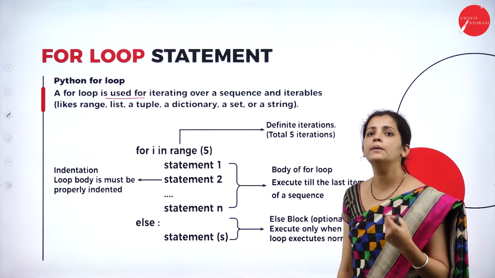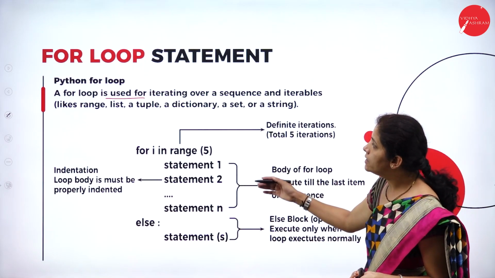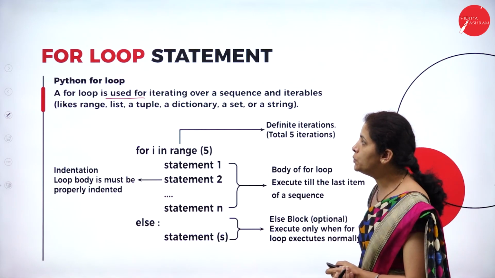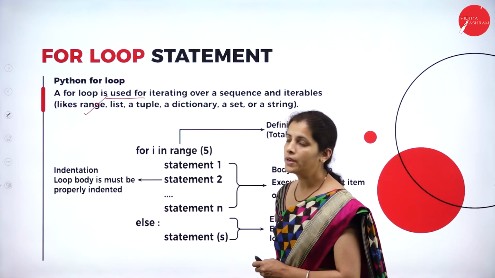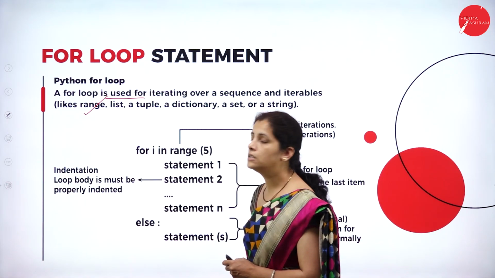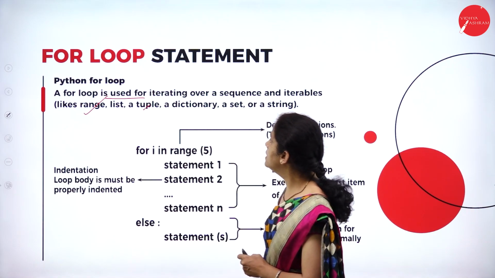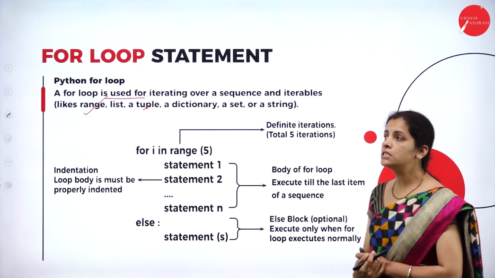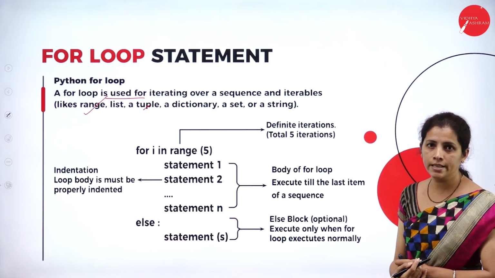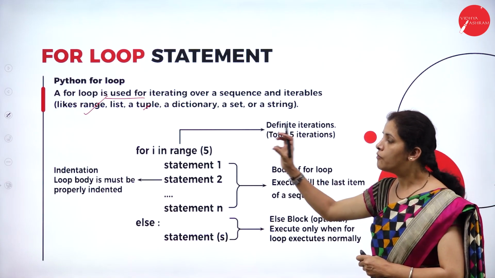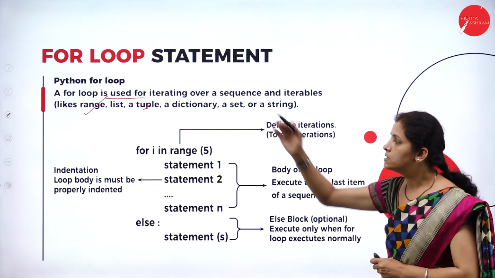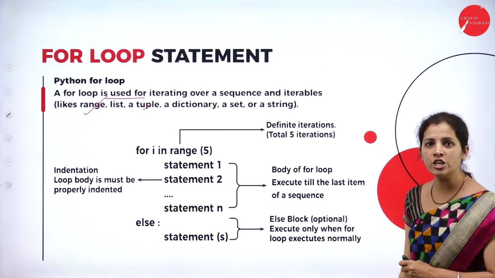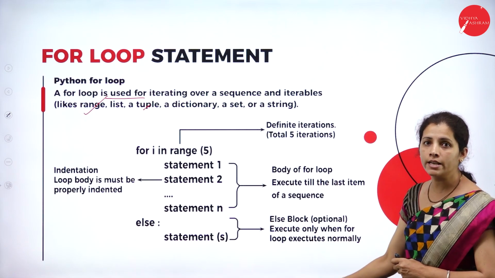Iterating in the sense what? Repetition. And where are we going to use it? We are going to use it with the range function, list, tuple, dictionary, set as well as string. So, I can use the for loop with data types like list, tuple, dictionary, set and strings.